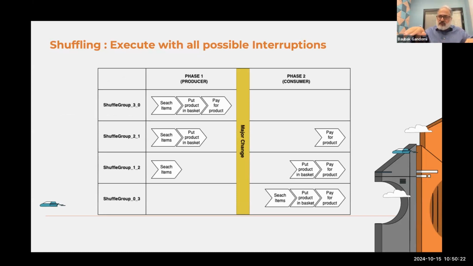These are executed like different scenarios, but we call it a shuffle group to identify where they're being interrupted. After the upgrade, we continue: shuffle group 2-1, we just execute the last step; shuffle group 1-2, we execute the two steps at the end; and shuffle group 3 executes all steps. This way we know that the scenario, no matter when the upgrade happens, will continue. We can predict this.